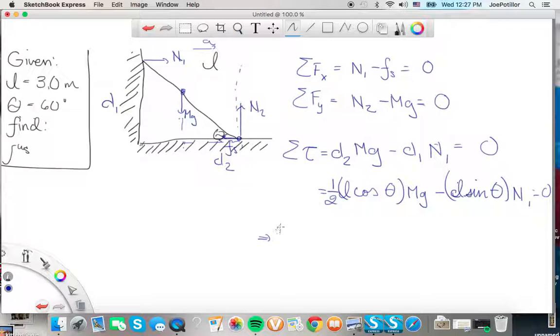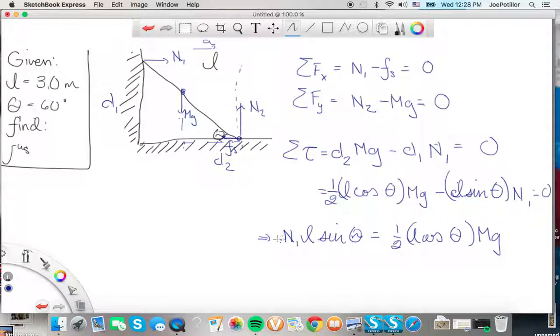N1 times L sine of theta is equal to 1/2 L cosine of angle theta times mg.